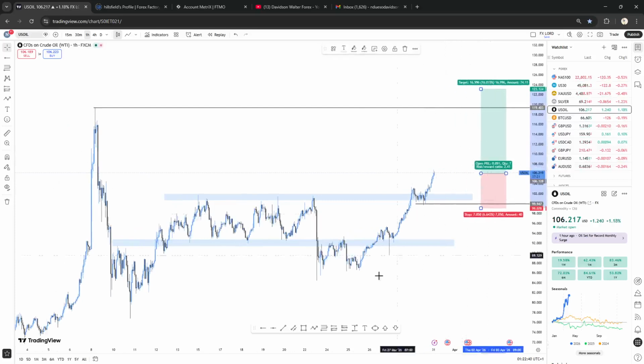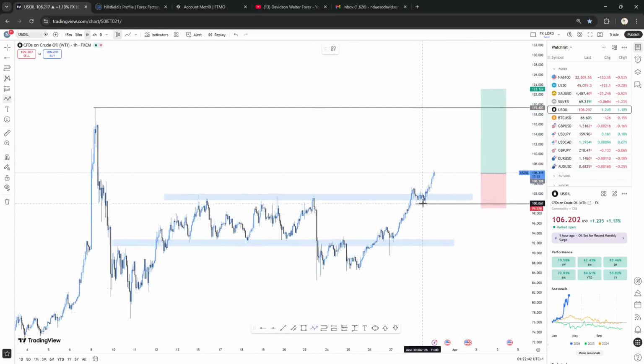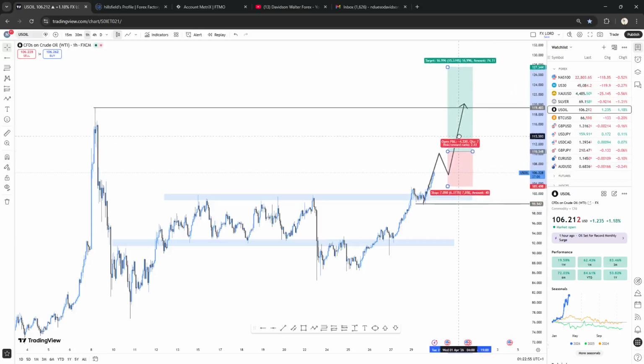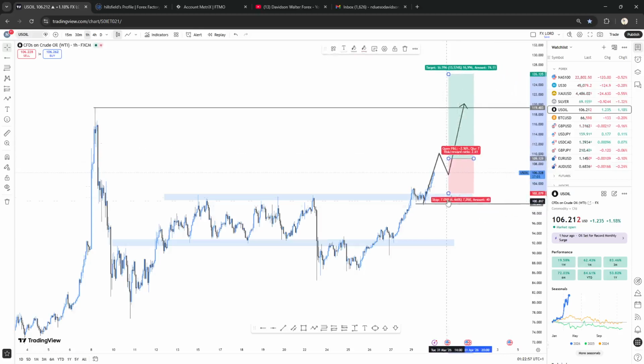If the market is going to continue a little bit, then give me that pullback, that correction, then a continuation, you get into the market. If you get in at the continuation with your stop loss below here, that's how you manage risks.